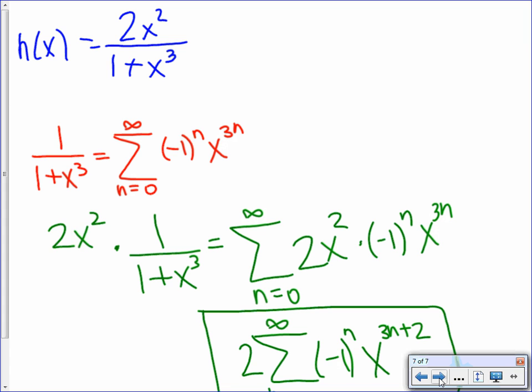Let me show you an example of the kx one. We know that 1 over 1 minus x is this.